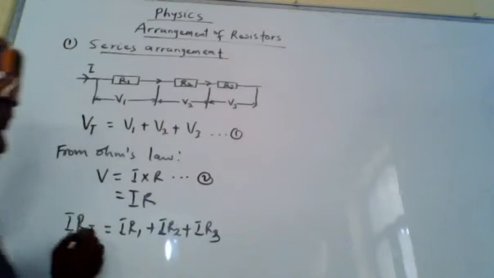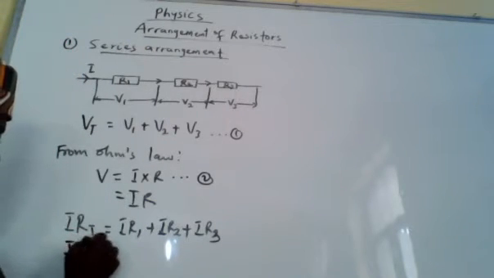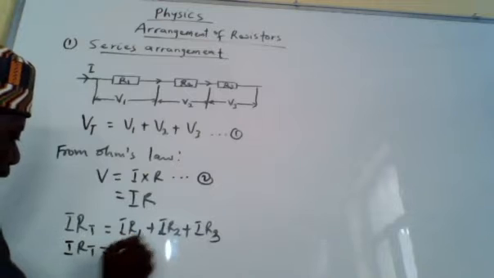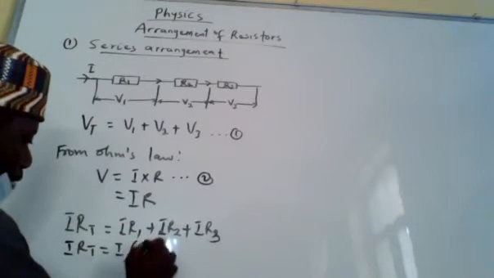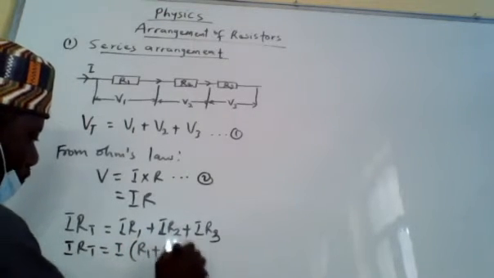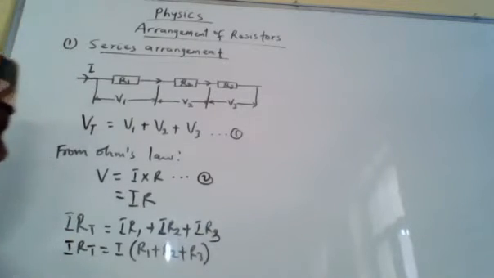So from this equation, I can have I R total equals I into bracket R1 plus R2 plus R3.